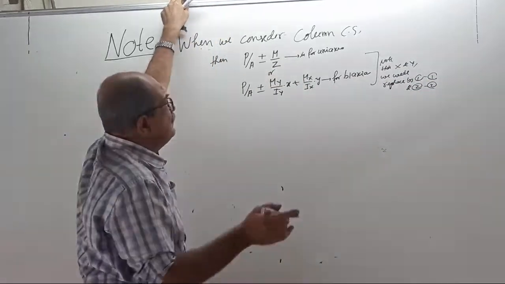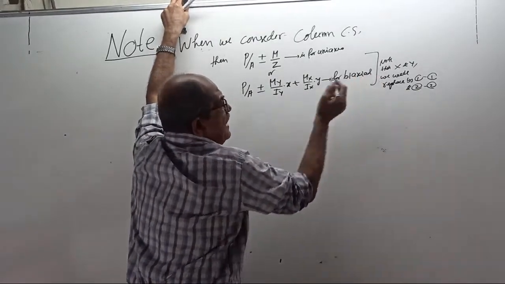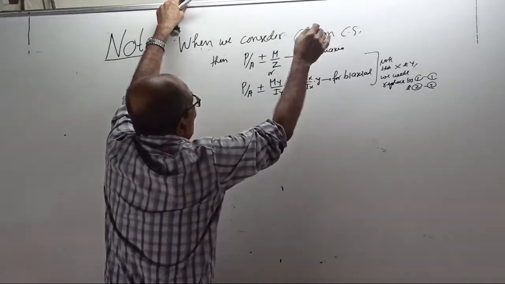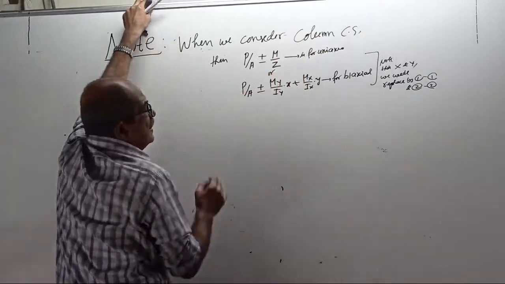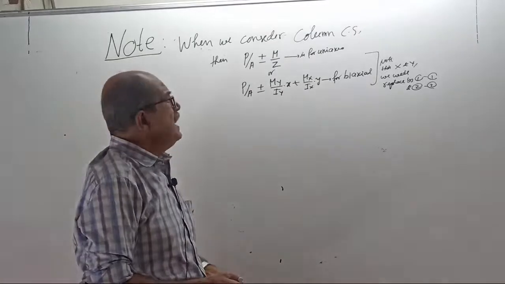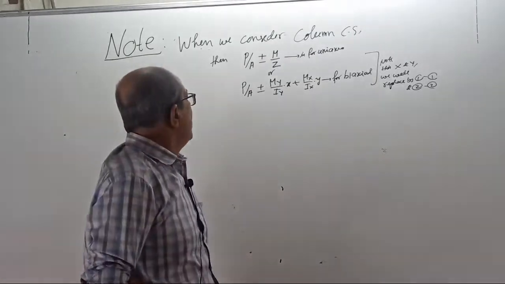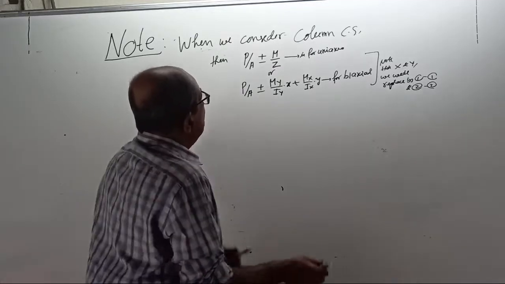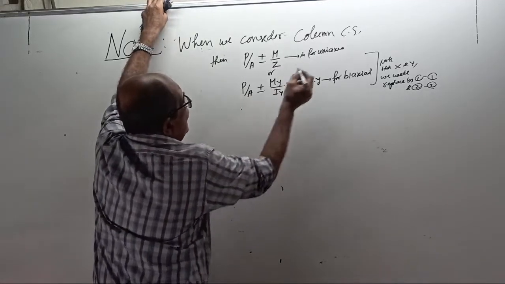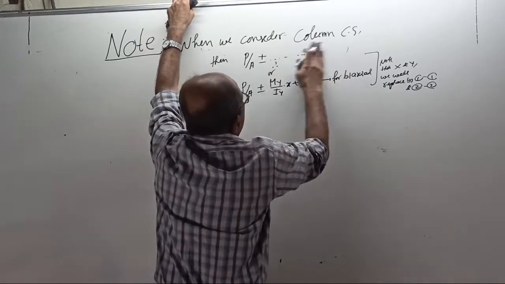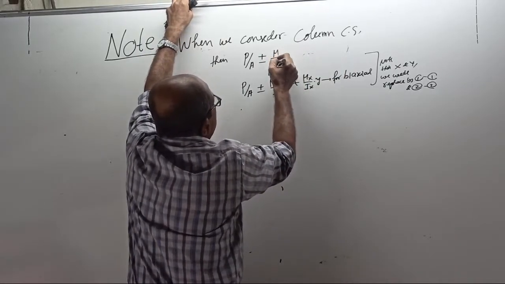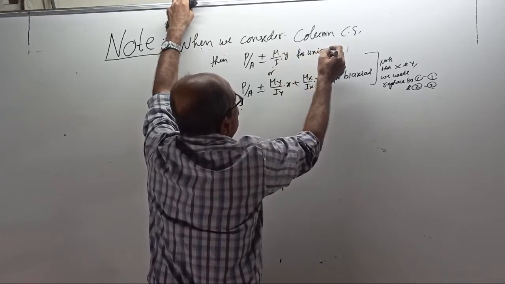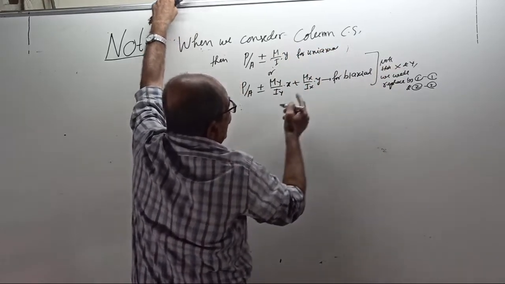I will tell you the reason, to avoid confusion for RCC columns. For a column, these expressions: if it is uniaxial, P by A plus or minus M by I into Y; biaxial, P by A plus or minus My by Iy into X plus Mx by Ix into Y.